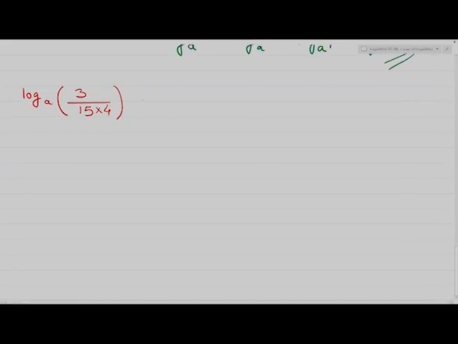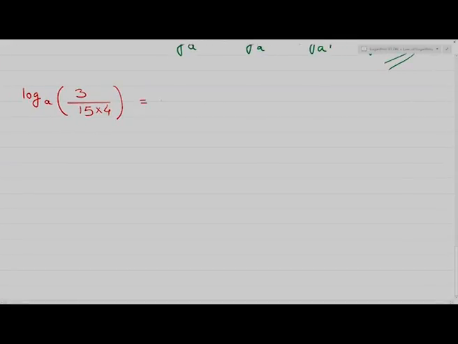Okay. Before that, I have not given any example for this. You can actually cook up some example. Say for example, log to the base a of 3 upon 15 into 4, it is completely divisible. So, what will this be?